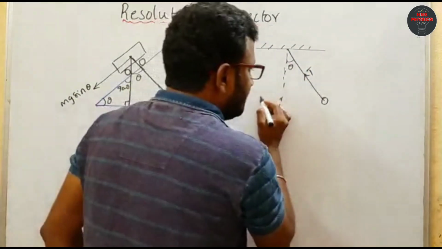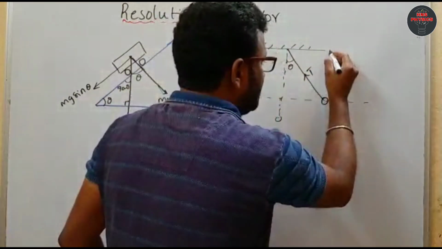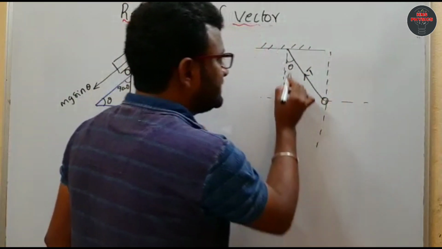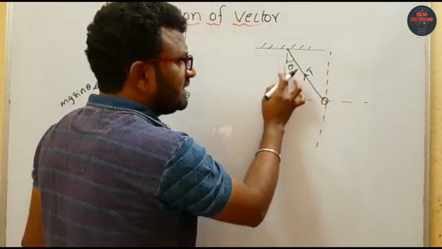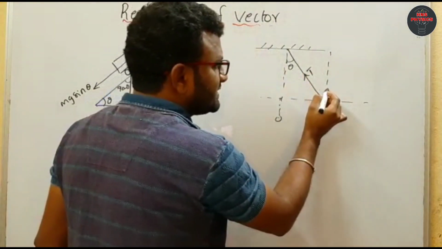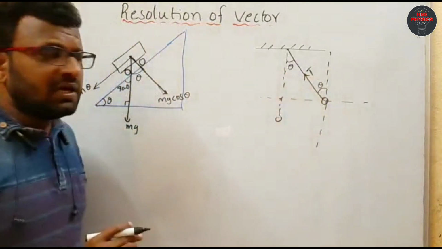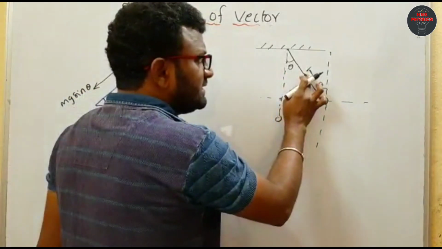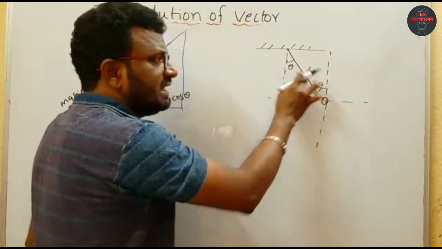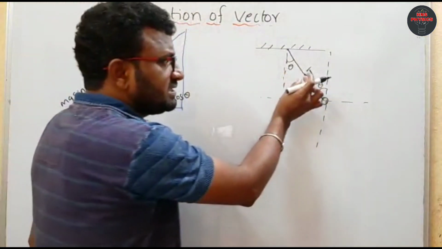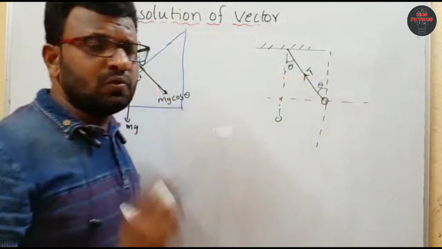If I just imagine the x-axis and y-axis, these two lines are parallel to each other. So this angle is theta, so what about this angle? This one also becomes theta because these two are interior angles, right? This is theta, this is the tension force T. The tension force is resolved into two components.